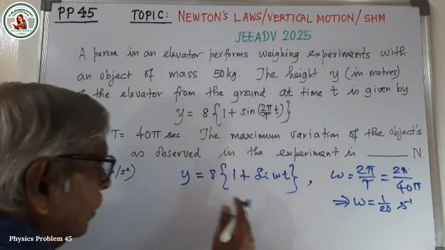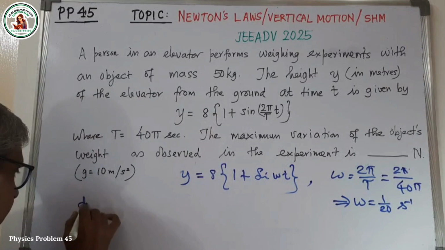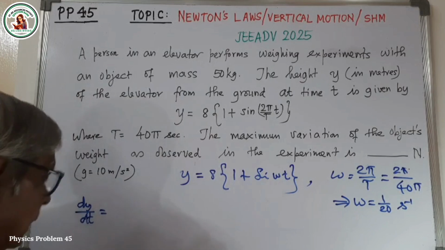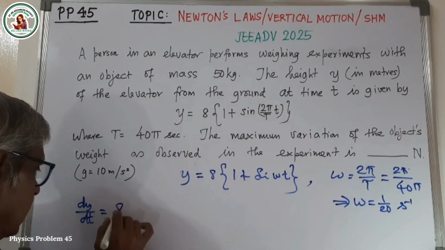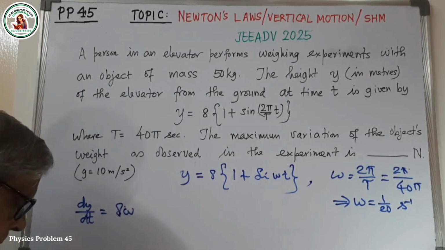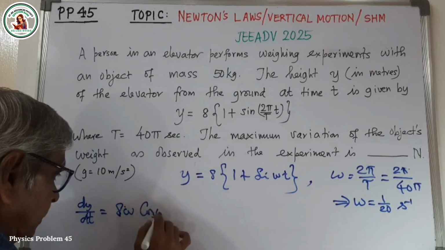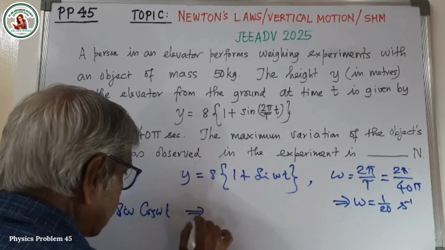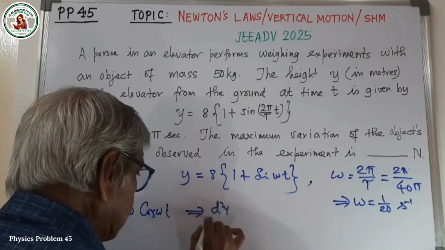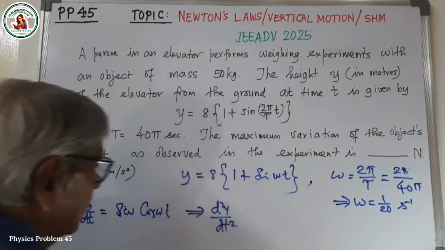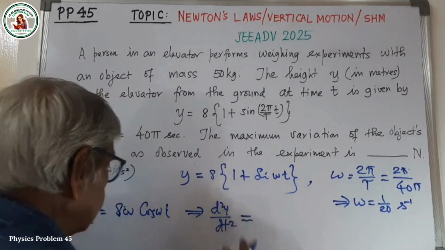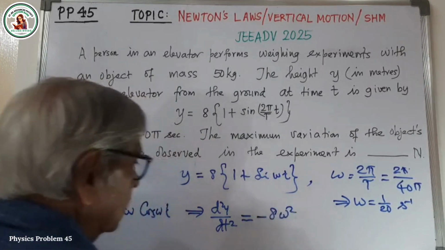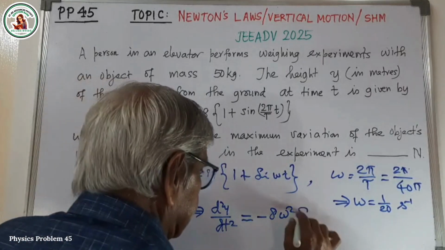Now if you differentiate it once, dy by dt will give you the speed of the elevator at any instant. dy by dt equals 8 omega cos omega t. The second differential, d2y by dt square, gives us minus 8 omega square sine omega t.